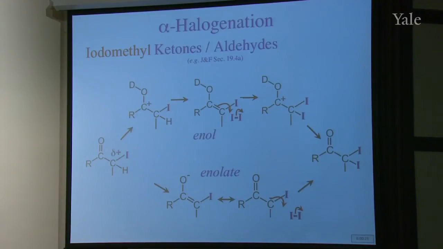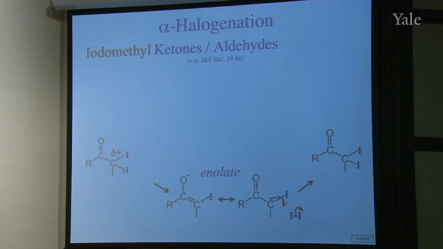And the reason is that the iodine, the halogen, is electron withdrawing, right? So it gives partial positive charge to that carbon. That means that if you went up here, you would be putting two positive charges next to one another, which isn't so great. So in fact, the acid catalyzed pathway disappears after you've added the first iodine.